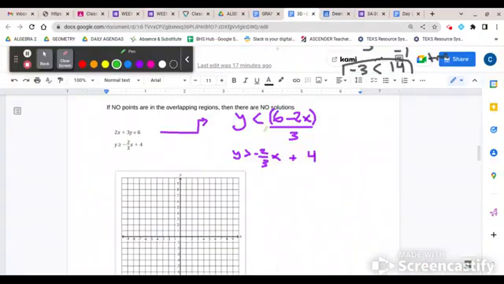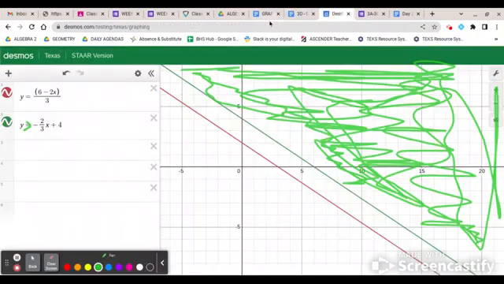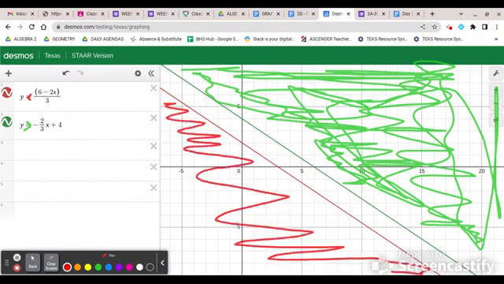The other equation, y is less than 6 minus 2x over 3. So when y was less than 6 minus 2x over 3, we're going to shade underneath the red, down here.